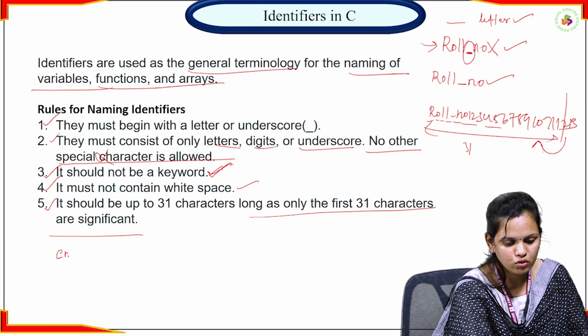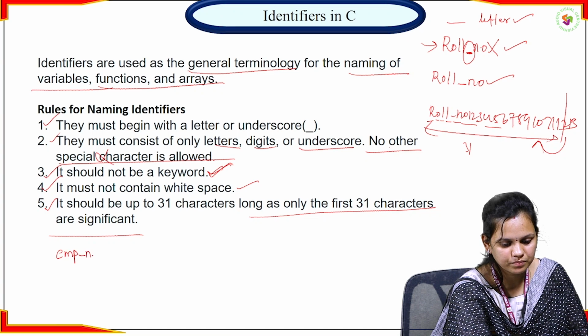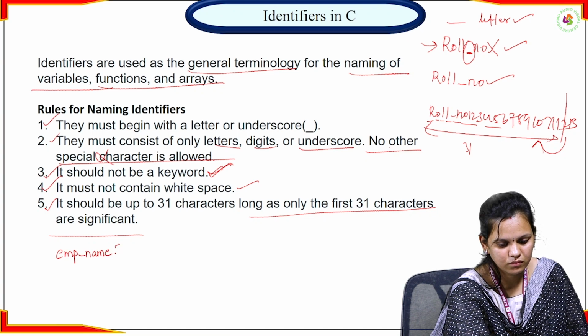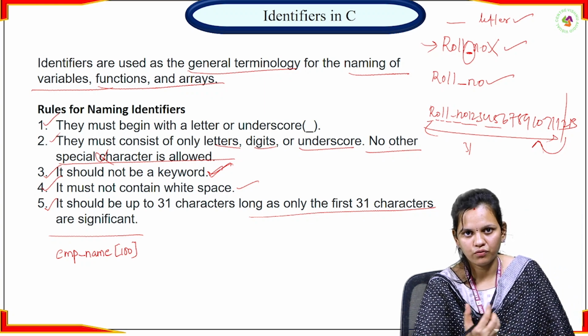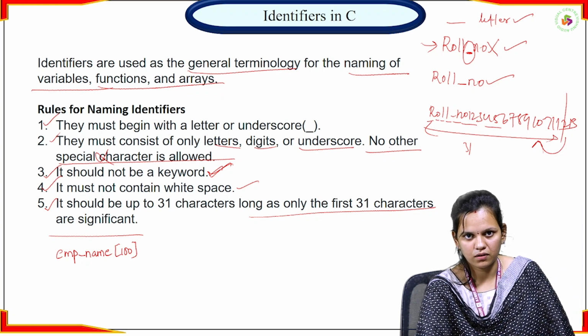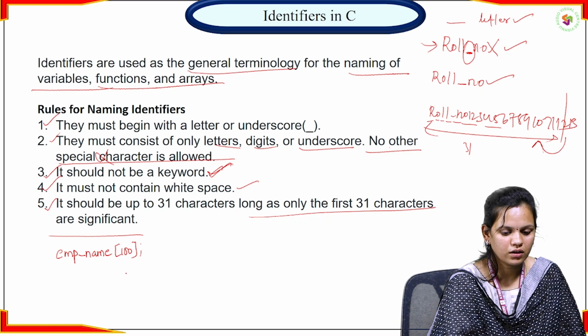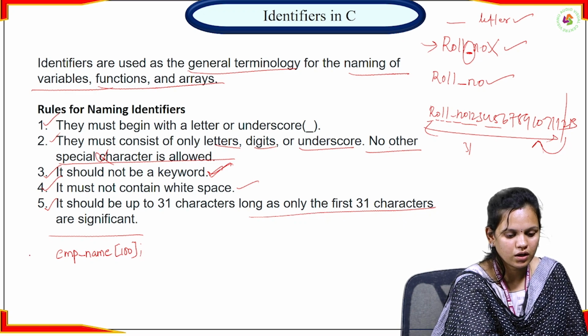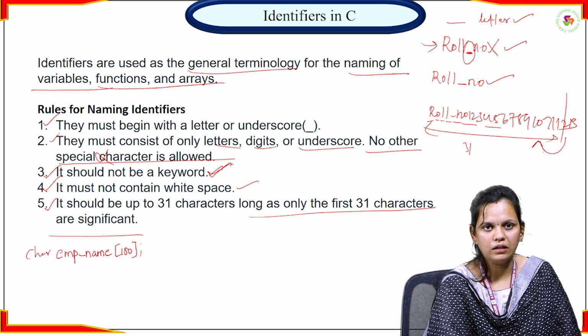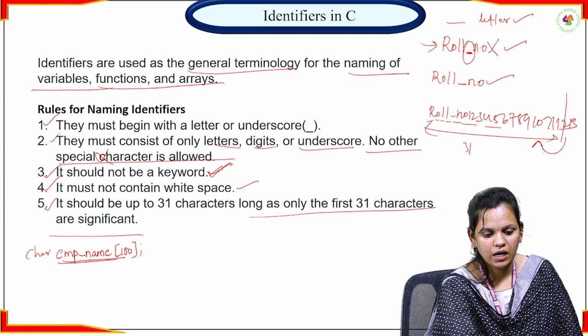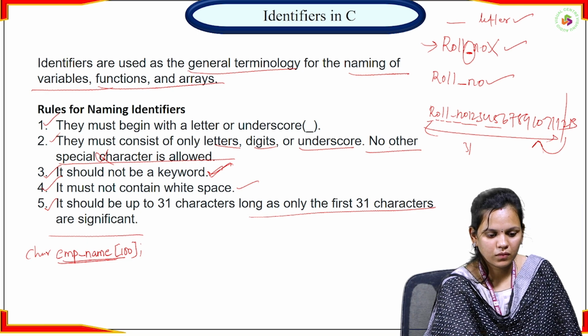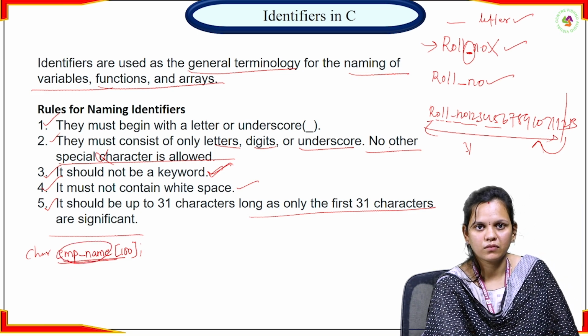Suppose I want to store the employee name. As the name is a string, we must use a character array there. So this is also an identifier. I have to use the data type char here. So what is the array name here? I have used employee_name. This is a valid identifier.